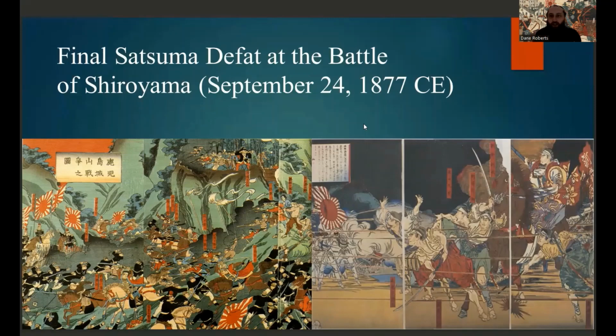And eventually, the forces of Saigo Takamori's Satsuma army, only about 500 strong, began to be whittled down, and Saigo Takamori and his remaining soldiers would lead a desperate final charge, essentially a suicidal charge, against Imperial forces, where they would be gunned down by the Imperial rifles and a couple of Gatling guns. It would eventually end in Saigo Takamori committing seppuku, or ritual suicide.